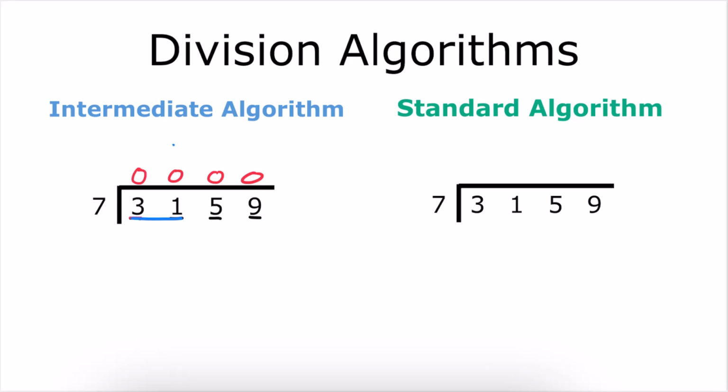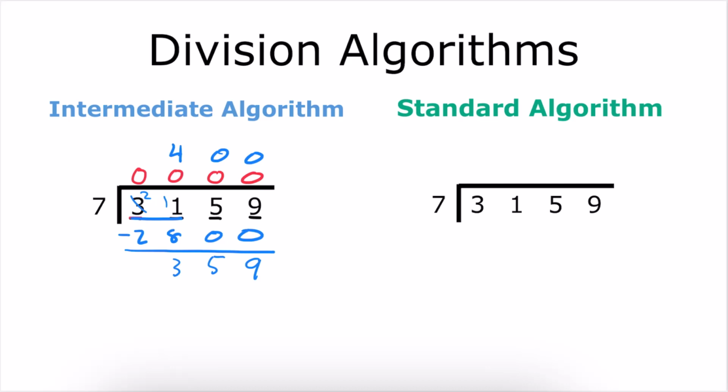So I'll have 4 hundreds in each of my groups, and when I put 4 hundreds into each of my groups, that means that I've taken care of 28 hundreds. And so I can subtract 28 hundreds, which when I borrow from here, gives me 3 hundreds, 5 tens, and 9 ones left over that I still need to divide.